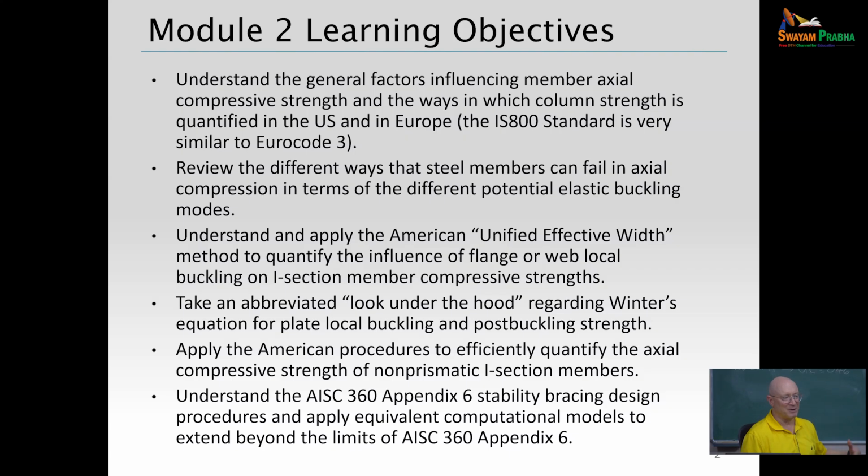The AISC provisions provide a whole list of different elastic buckling calculations with different types of modes. I believe I'm picking up on the Indian code mainly just focuses on flexural buckling, is that correct? So it's kind of silent about some of the other modes.